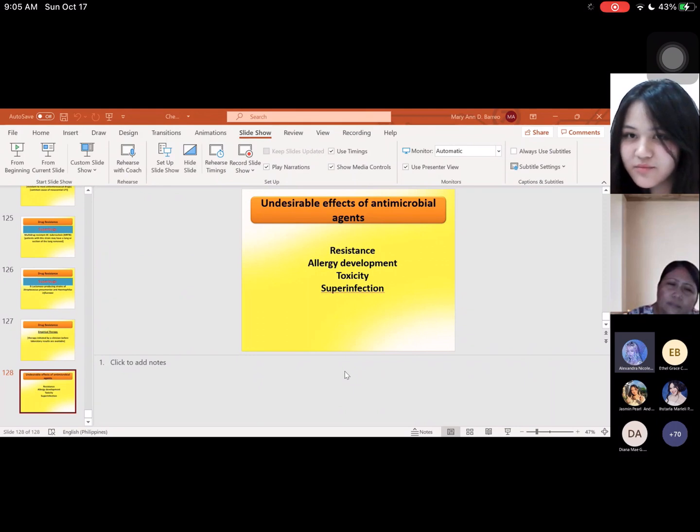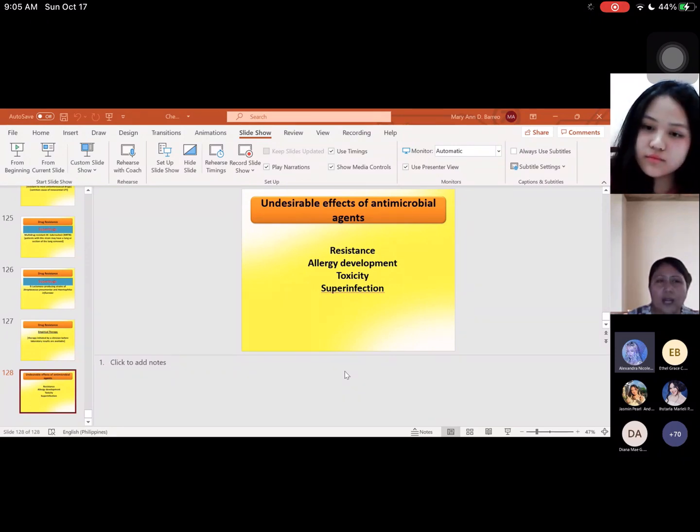Like what I said in my previous discussion this morning, if it's microbistatic, it only inhibits growth. It actually does not kill or destroy microorganisms. So that's why a lot of antibiotics or antimicrobial agents are now microbicidal or bactericidal, because they need to destroy or kill microorganisms, not only inhibit.